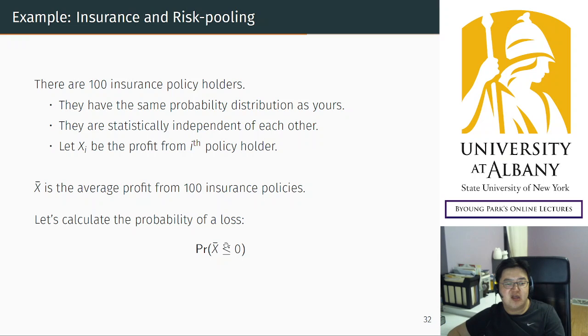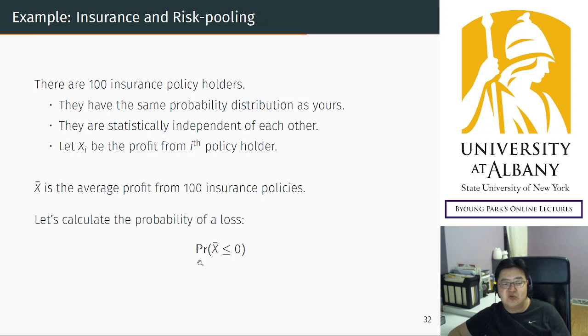Now I'm going to calculate the probability that the insurance company makes a loss out of the 100 policies, which is defined this way: the probability that X bar, the average profit, is negative.